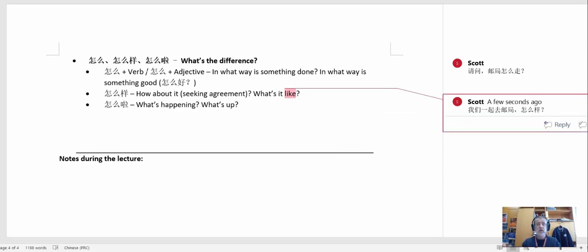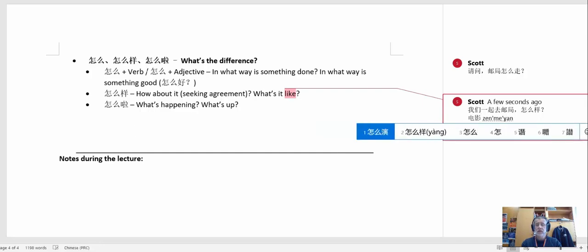We're asking your opinion. How do you feel about it? The other way that we can use 怎么样 is we might say, you might have just been to see a new movie, and your friend asks you, well, what was the movie like? So they might ask you, 电影怎么样? How was the movie? Or what was the movie like?